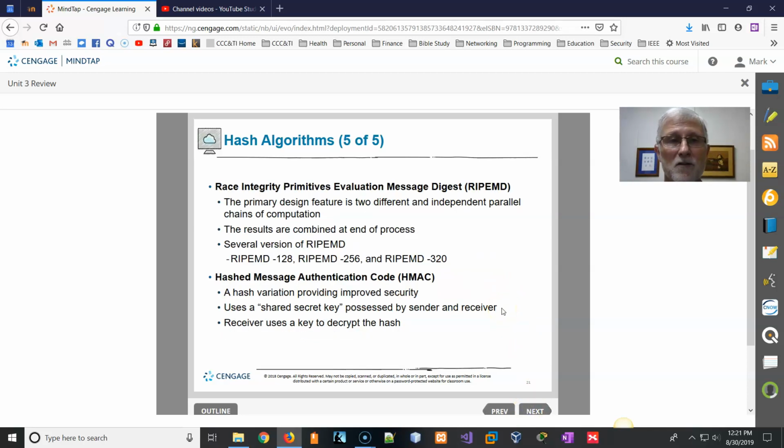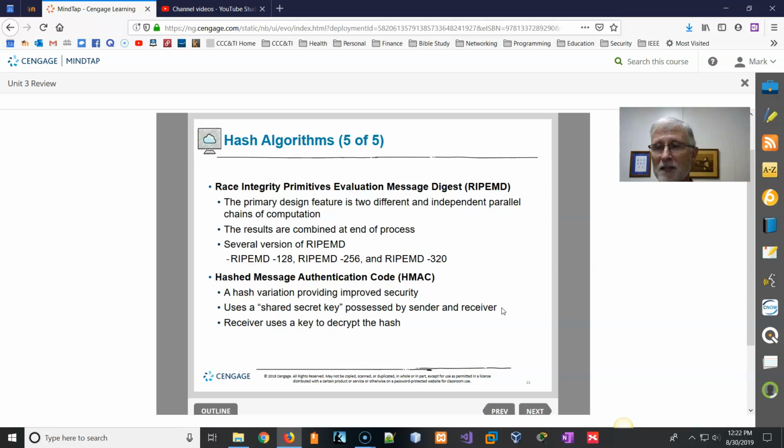Now, there's another one called the RACE Integrity Primitives Evaluation Message Digest. It's a mouthful, but basically it has two different and independent parallel chains of computation, and the results are combined at the end of the process. There are several versions: 128, 256, and 320.